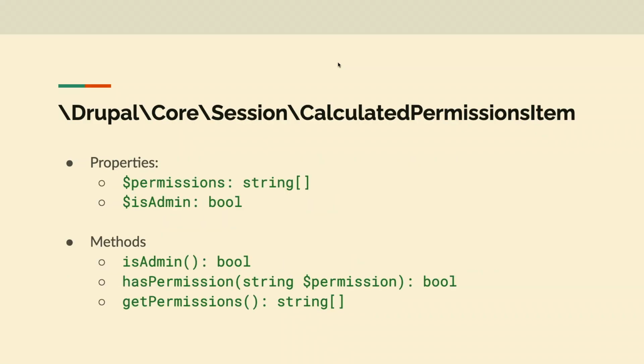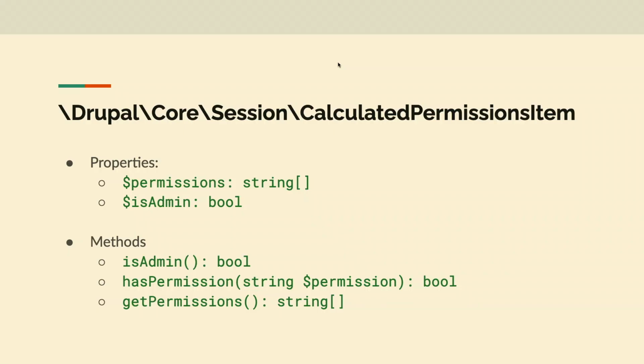The way that we add permissions to a user is we're building something called a calculated permissions item. These are kind of the most important properties and methods on the calculated permissions item to get started. There's an array of permissions, and those are the places that your access policies are adding permissions to. They're adding them to this array.